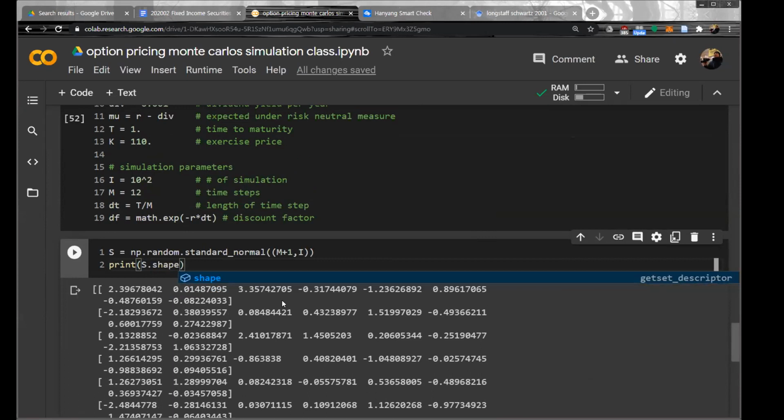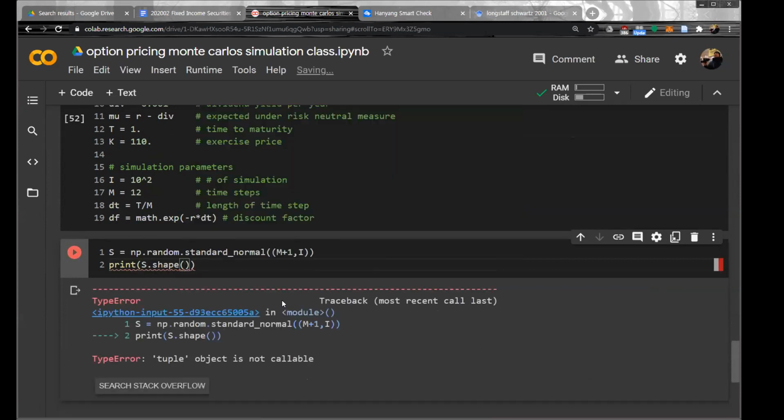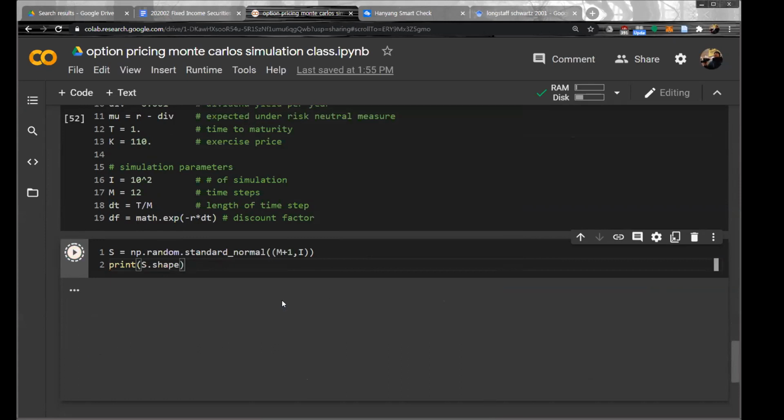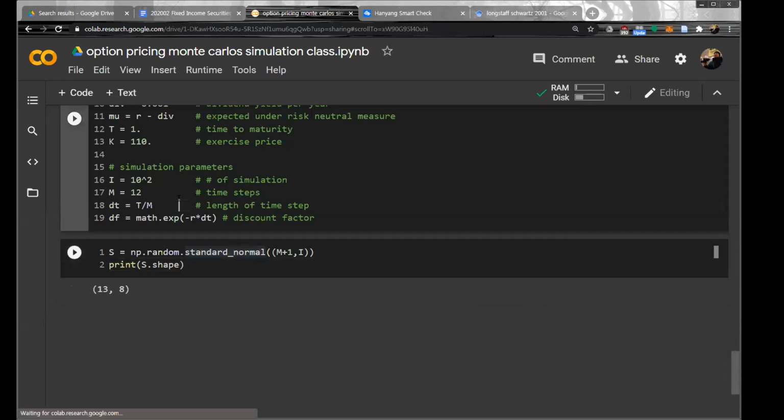np.shape. Oh, I don't know why, tuple is not callable. Yeah, it is 13 by 8. Why is it 8?